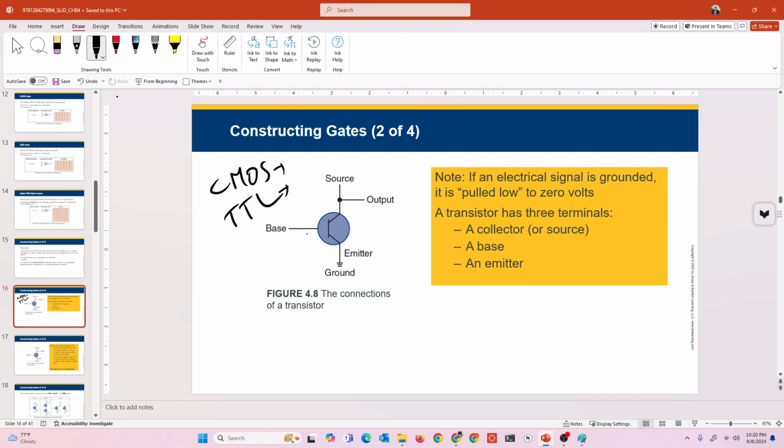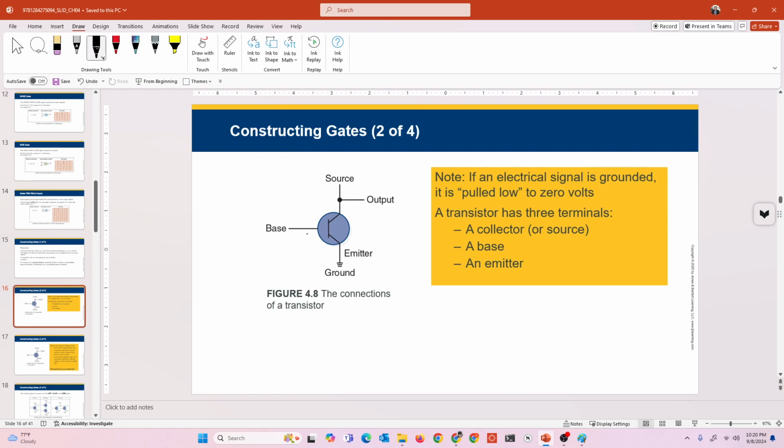So CMOS, the voltage is, I think, 3.5, and TTL is 5 volts. So 3.5 is considered 1 for CMOS, and 5 volts for TTL is considered 1. That tells you if you are using both technologies in the same circuit, that's going to cause you some trouble. There are ways you can combine both by using inverters and things like that, so there are ways to fix this problem.